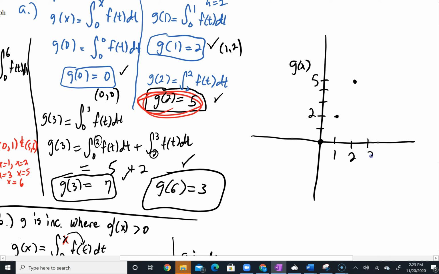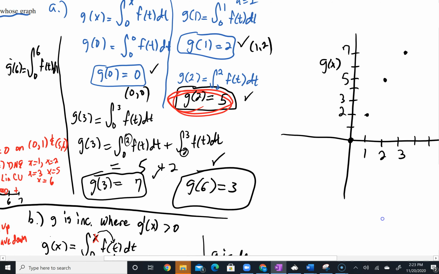G of 3 was up here at 7. And G of 6, let's see, we could say here's a 3, 4, 5, 6. G of 6 is going to be over here at 3. So, hey, I've got a whole bunch of points here. I really do have a lot of information.